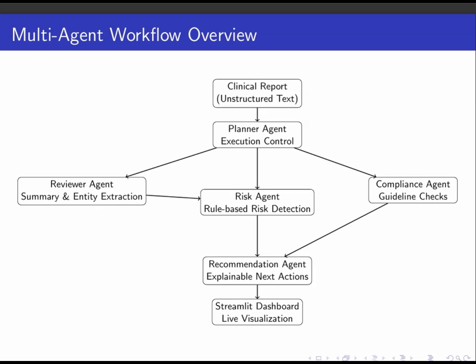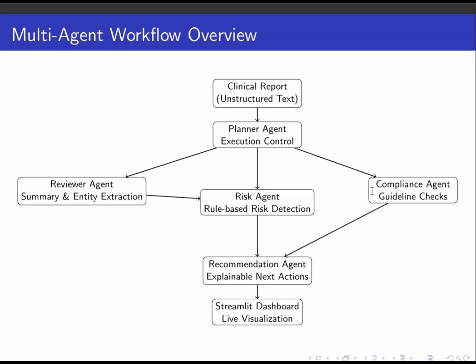At first, I'll be giving the healthcare report, which has unstructured text, right? Then that is given as input to the planner agent, which controls and executes the other agents. And then I also have the reviewer agent. Before that, once the text is extracted, the risk agent applies the rules, so rule-based risk detection is possible by using this agent.